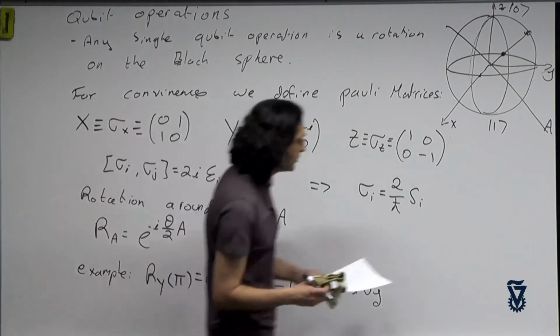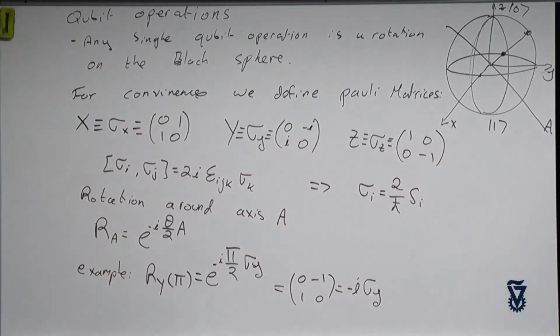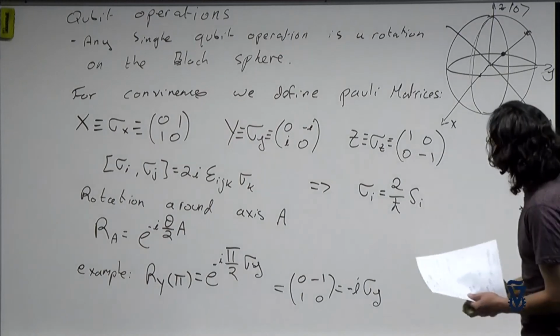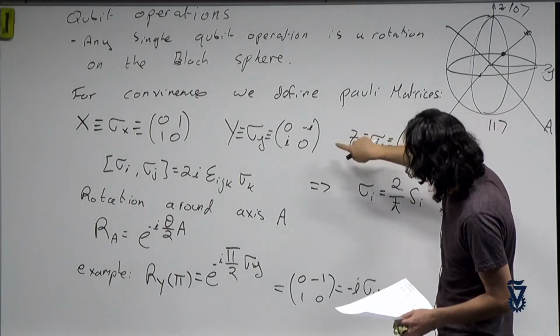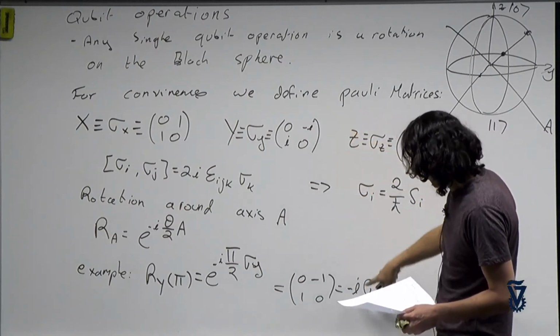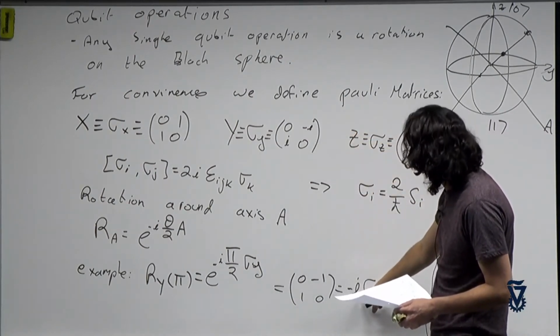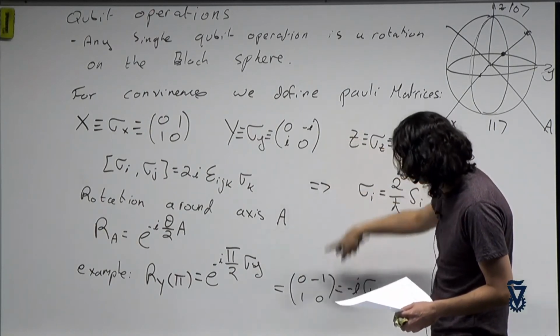Ran out of space, we'll move over here. I think it's just i. You think just i? It could be just i and I made a minus mistake. Let me see. So this is sigma y.